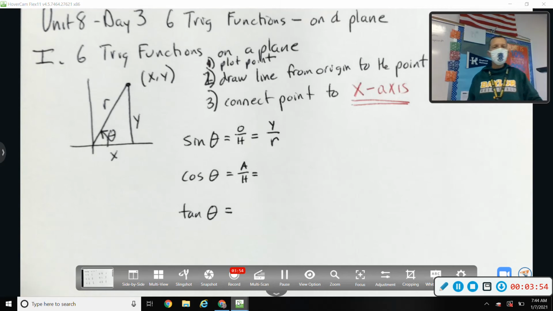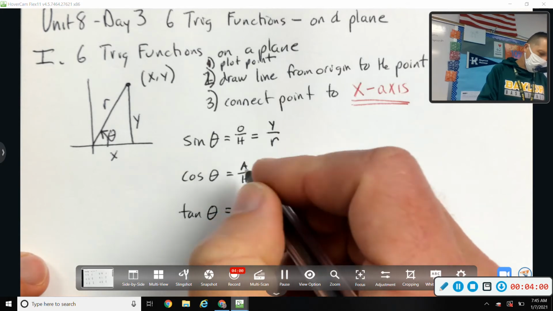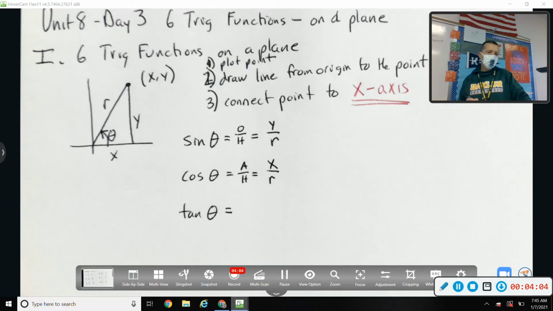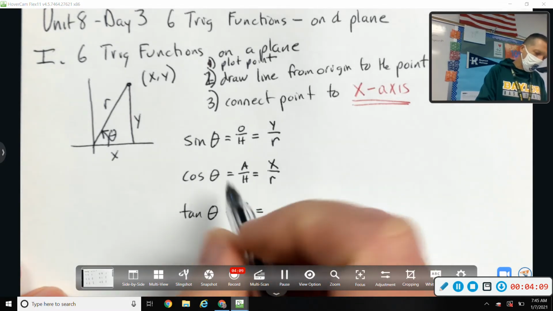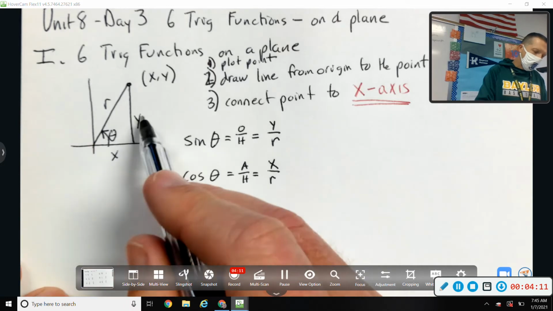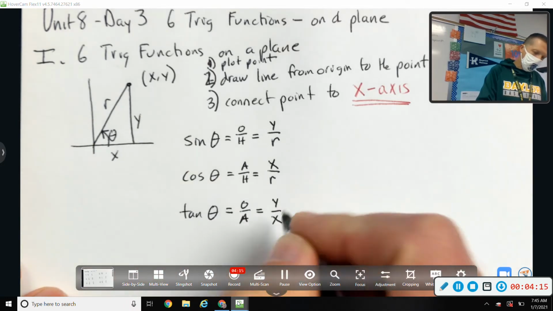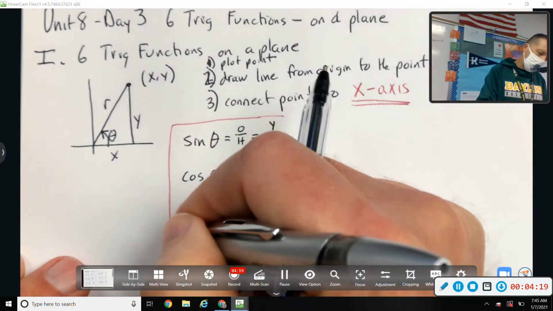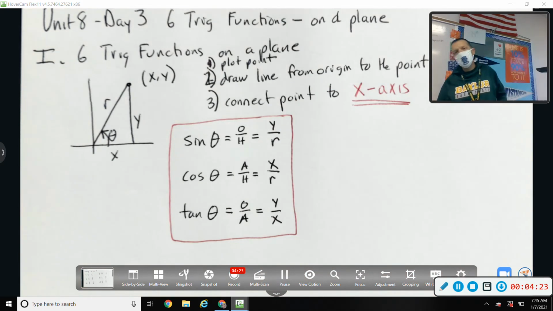Cosine is adjacent over hypotenuse. Well, adjacent is x, hypotenuse is r. Tangent is TOA, opposite over adjacent, and for this setup, it's y over x. I'm not even going to write the others because the others are just the reciprocals, so it's not a big deal.